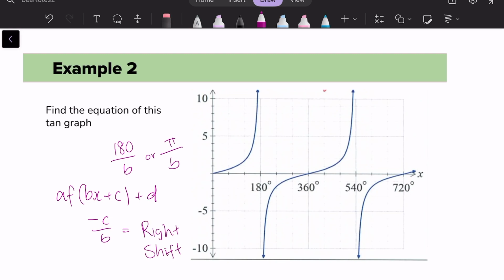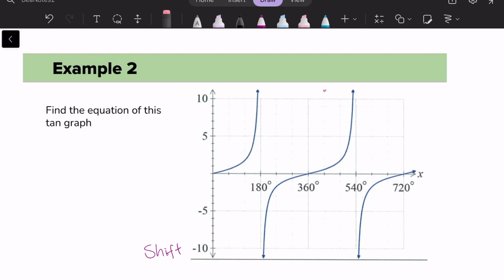In a normal tan graph, the first asymptote is 90 degrees, because for tan of x, if you graph it, the period is 180. So in a way, you can say that the first asymptote is going to be half of the period if there is no horizontal shift or anything like that happening.